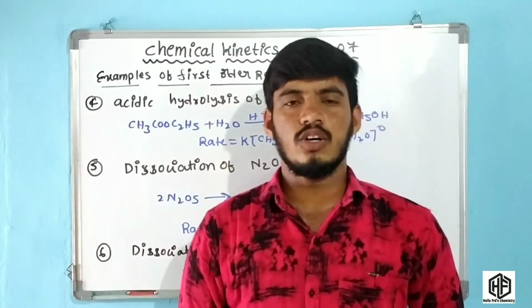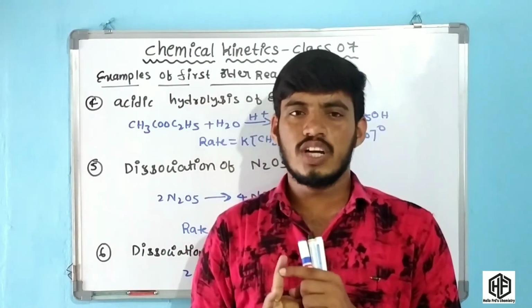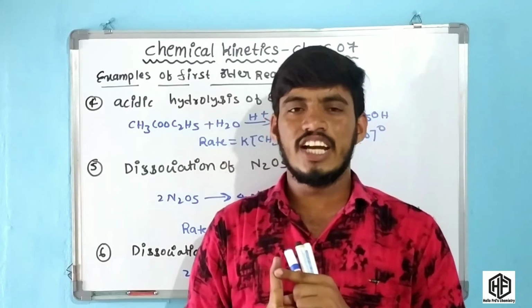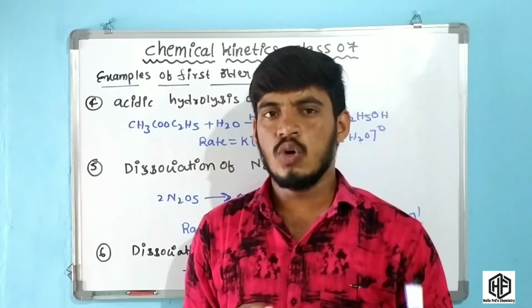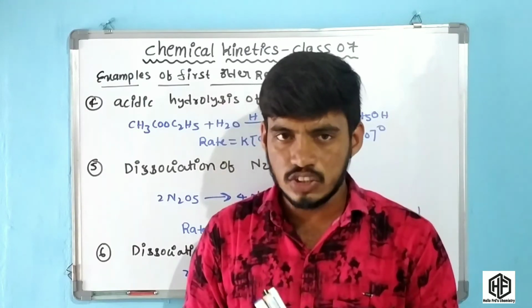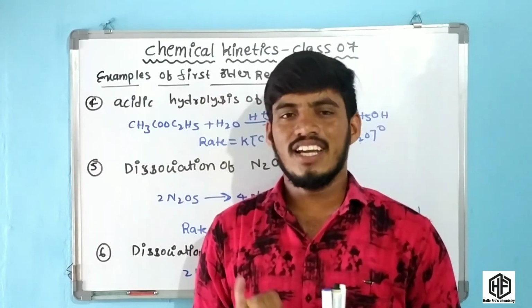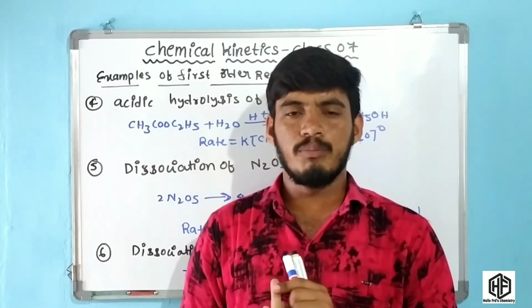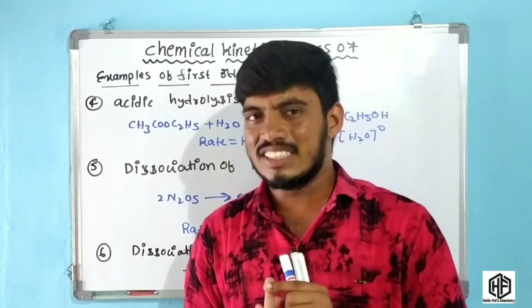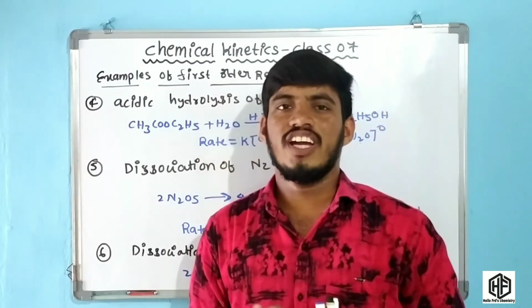Friends, the first example of a first order reaction is from nuclear physics, radioactive decay. The second example is the growth and decay of bacteria. The third important example is the inversion of cane sugar in the presence of acidic medium.